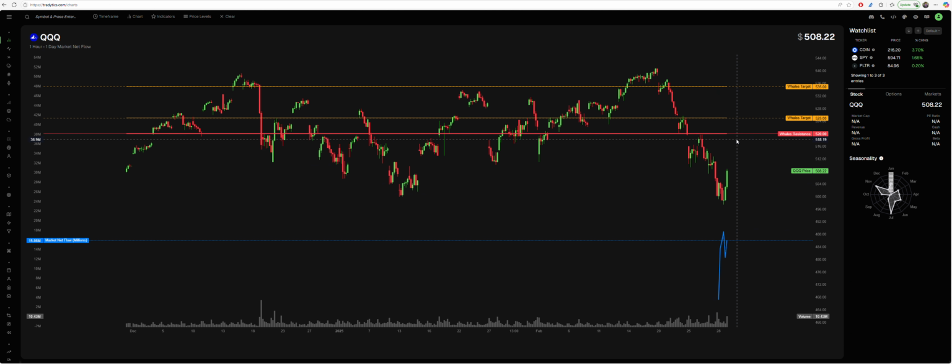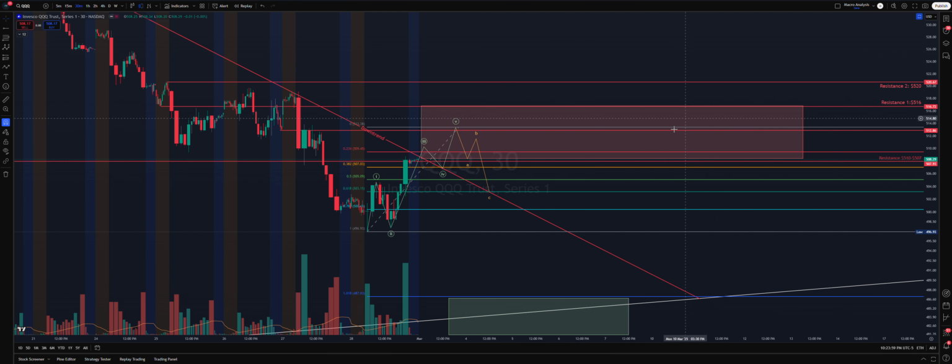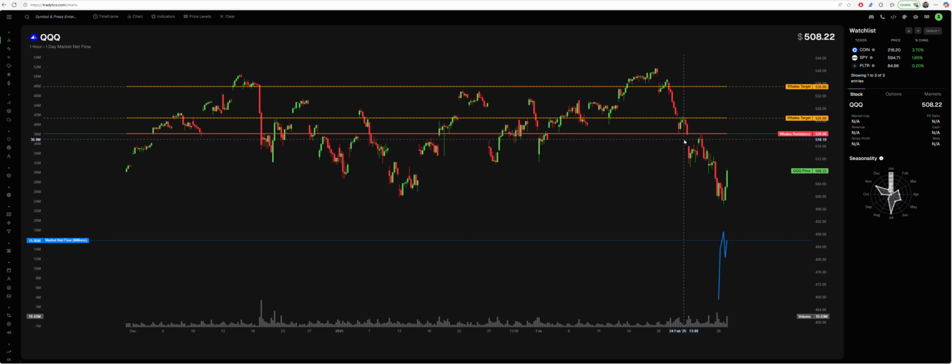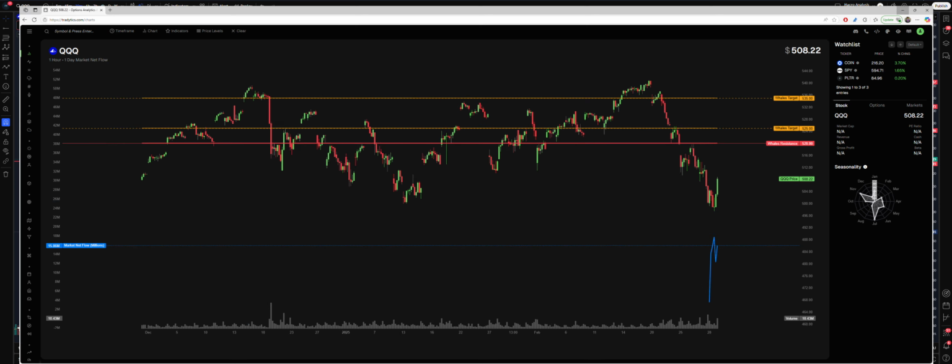So the resistance level will be that 520 area. But I think you're going to see resistance at 512, 513 before we have that pullback. And that 520, which you just saw that I put up here. See that resistance? 520, 525, 535, which are our targets.